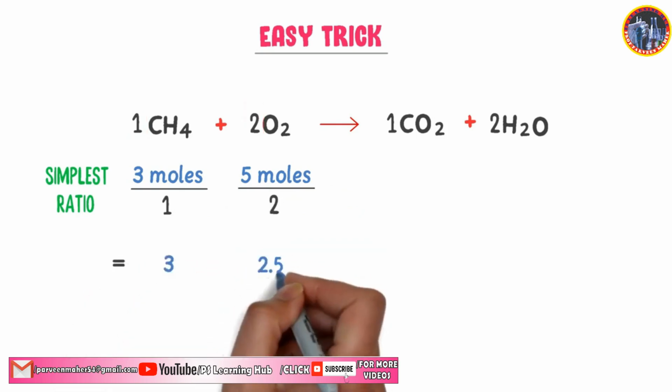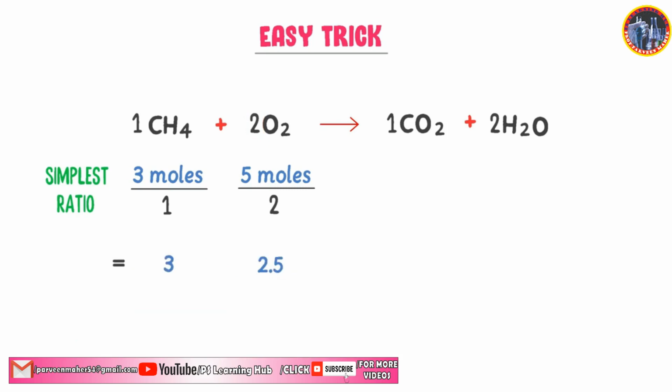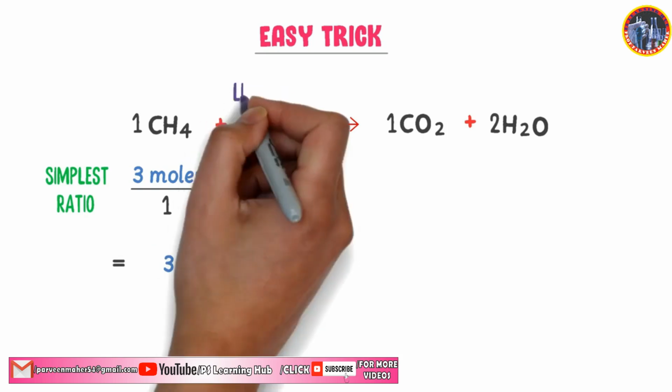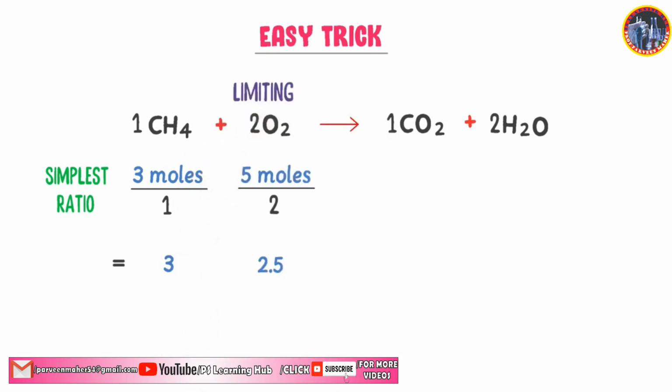I get 3 and 2.5. Here 2.5 is smaller than 3. Hence, oxygen gas is a limiting reactant and methane gas is an excess reactant. Thus, in this way, we can easily spot the limiting reactant and excess reactant in any chemical reaction.